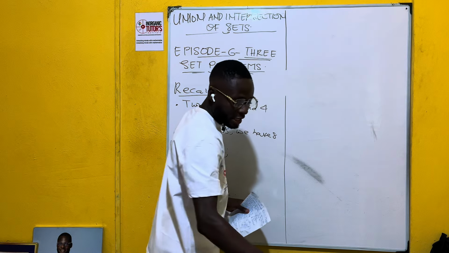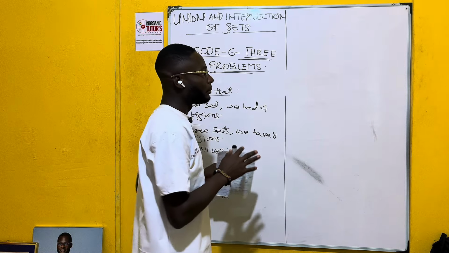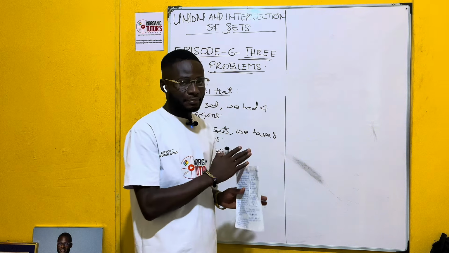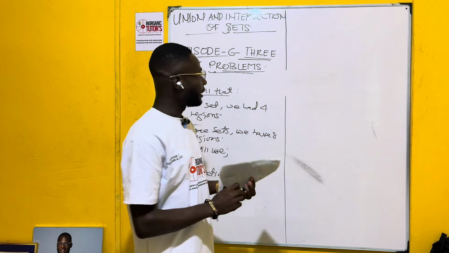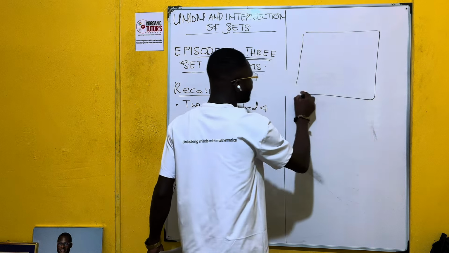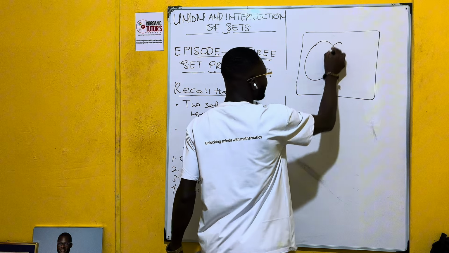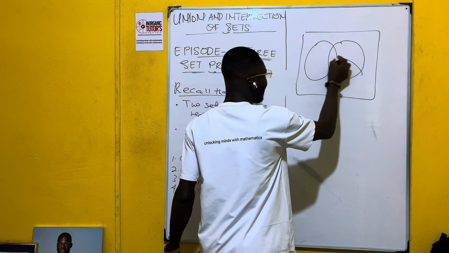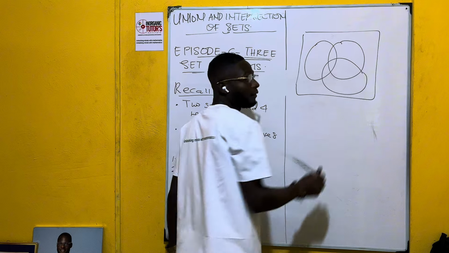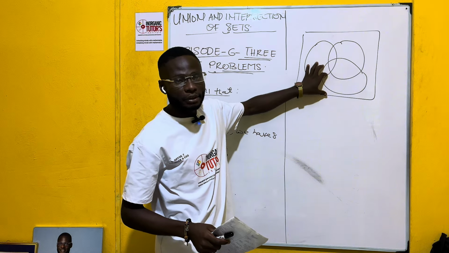From here, let's use the diagram to clarify this particular concept. This is our Venn diagram. We have set A, set B, and set C. This is called a three-set problem.